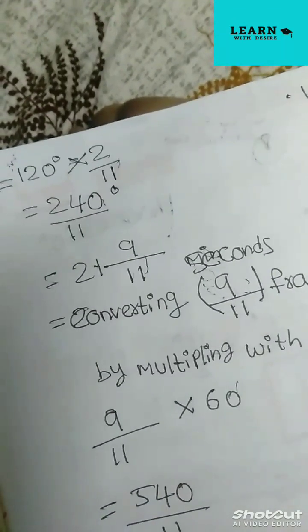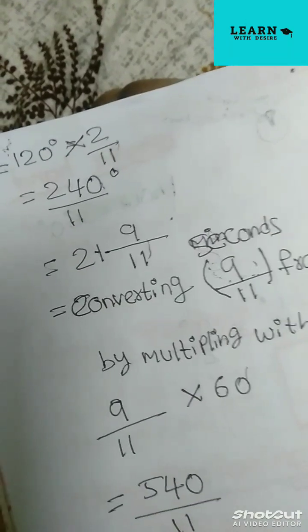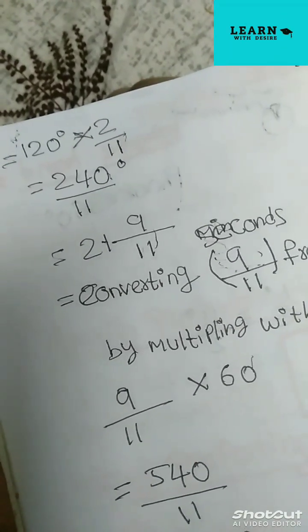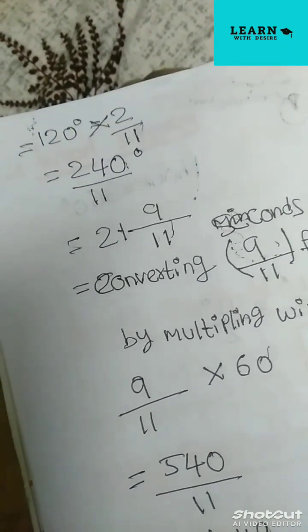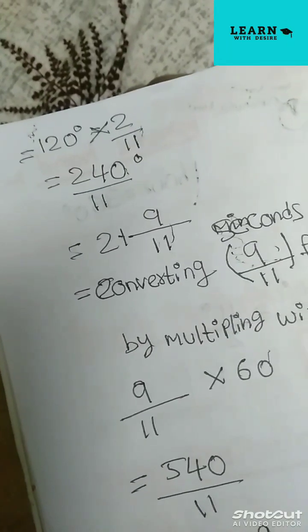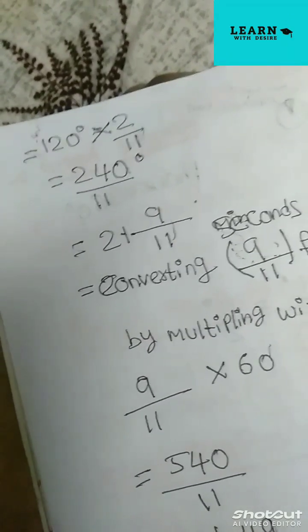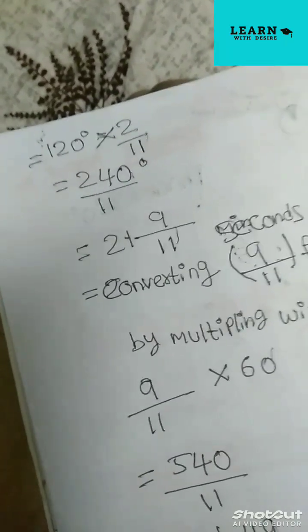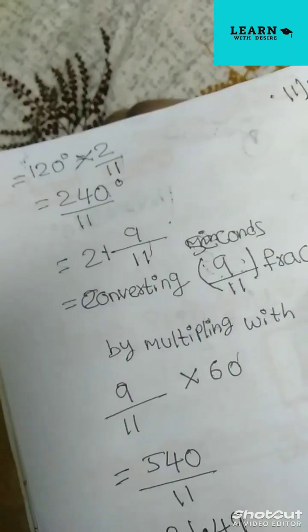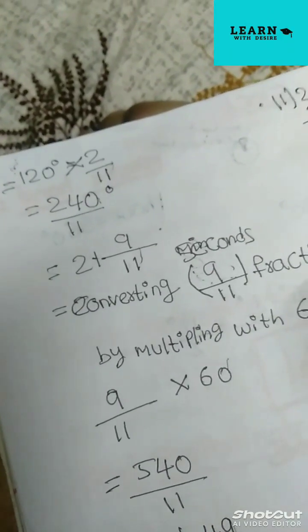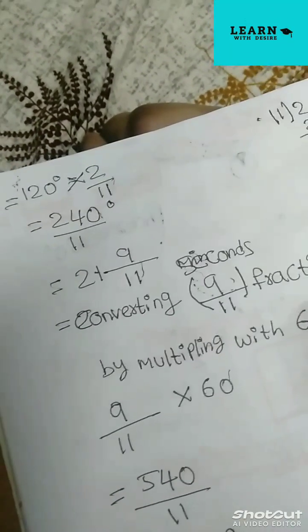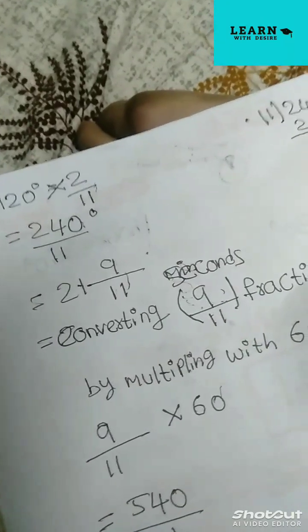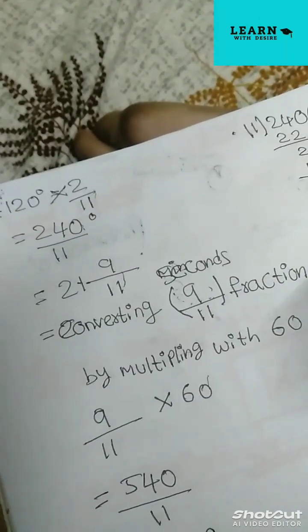Here 21 belongs to minutes and the 9 by 11 value belongs to seconds. The seconds value is in fraction form. We have to convert the seconds value into decimal form. We can do it by multiplying by 60.